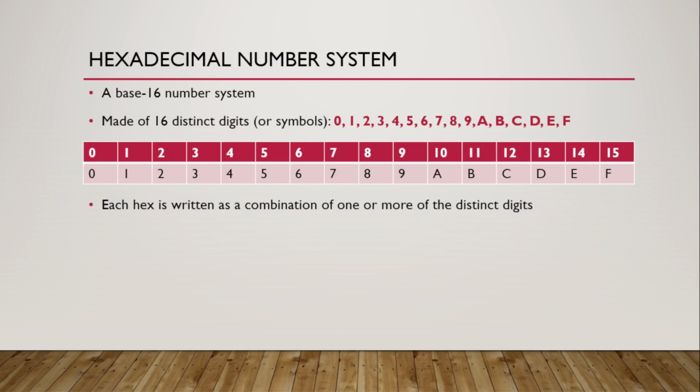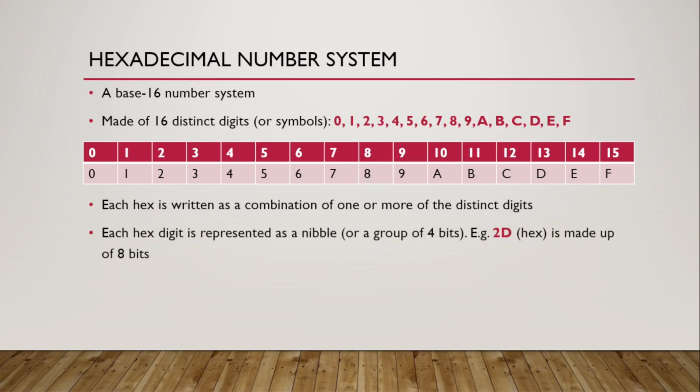Each hexadecimal number is written as a combination of one or more of the distinct digits, and each hexadecimal digit is represented as a nibble. So each digit of hexadecimal is equivalent to 4 bits. So in a 2-digit hexadecimal number, 2D, we are going to have 8 bits to represent this hexadecimal number.